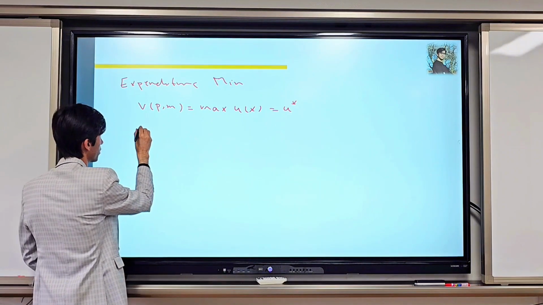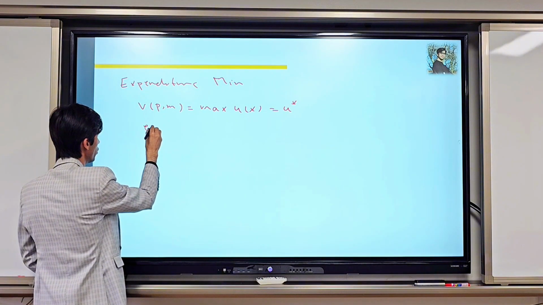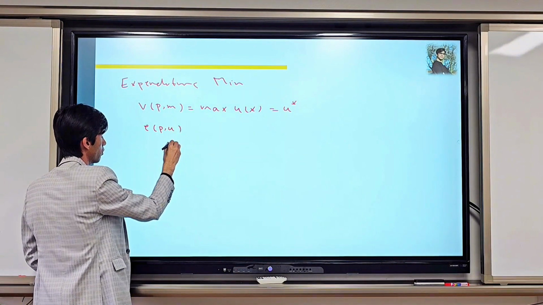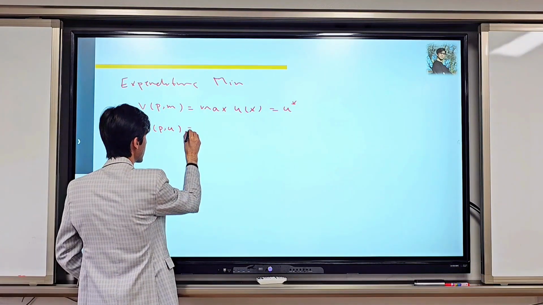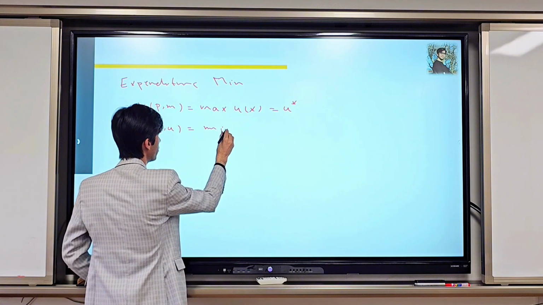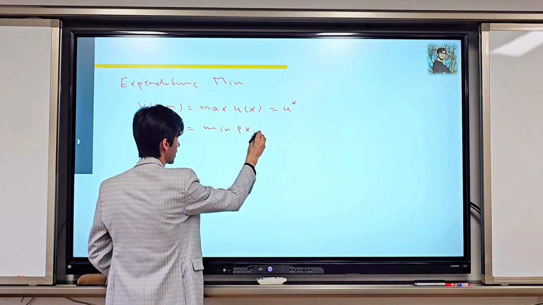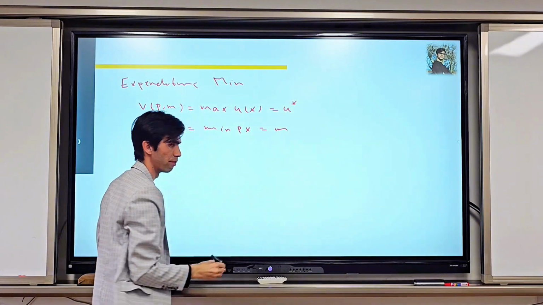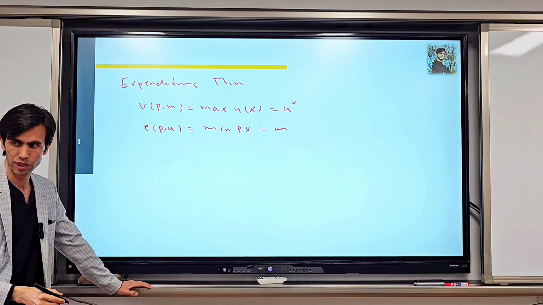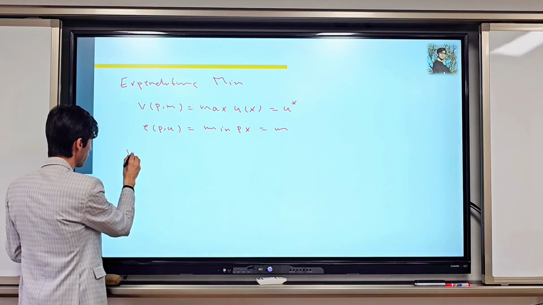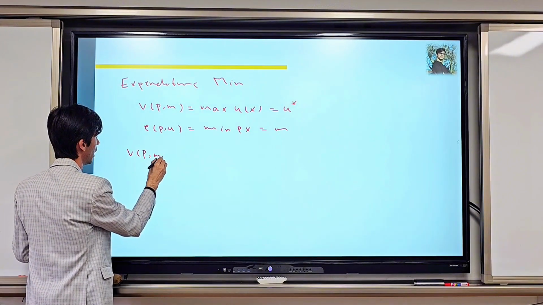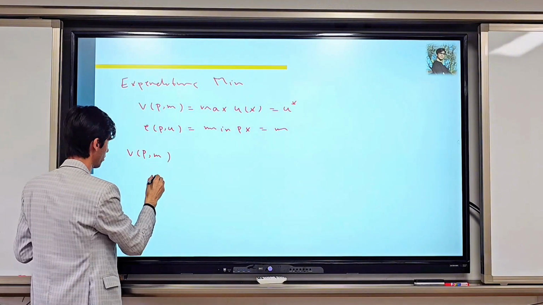And also the E of P and U, which is our cost expenditure minimization, is equal to the minimum of PX, which is equal to M. So now, we have found our indirect utility function, V of P and M.